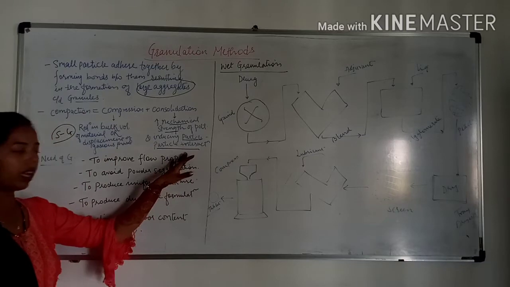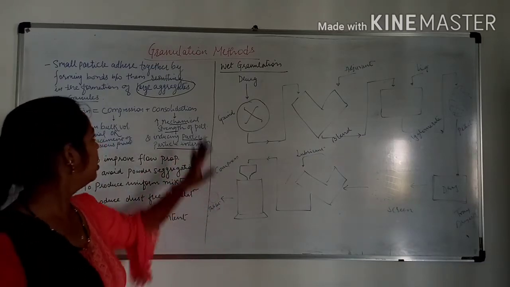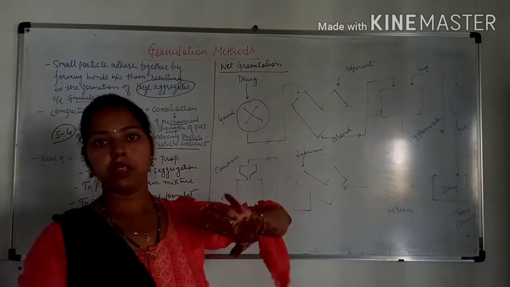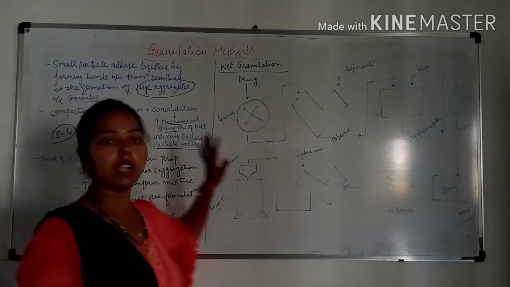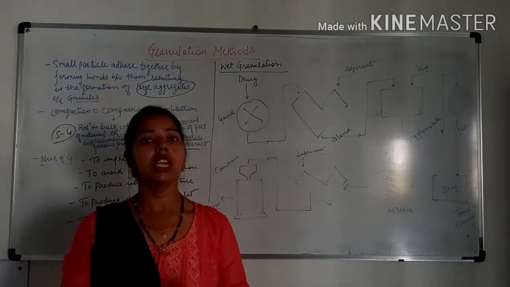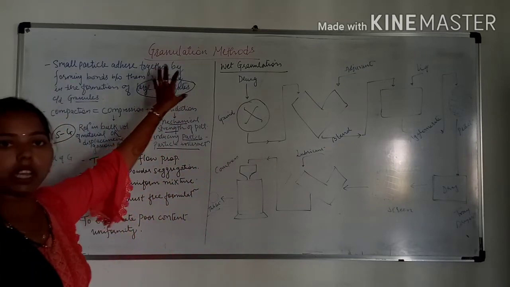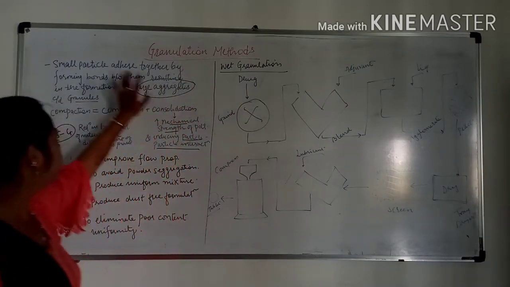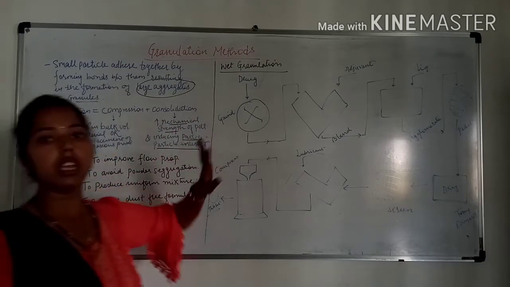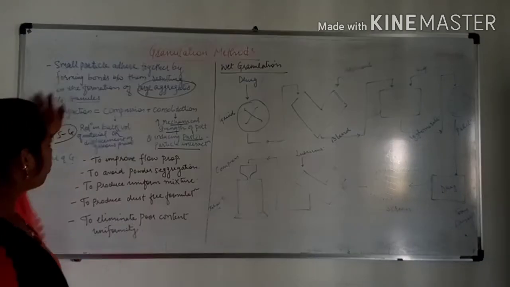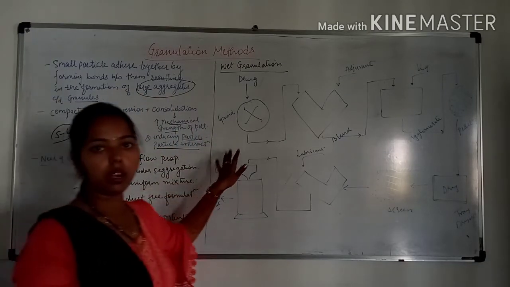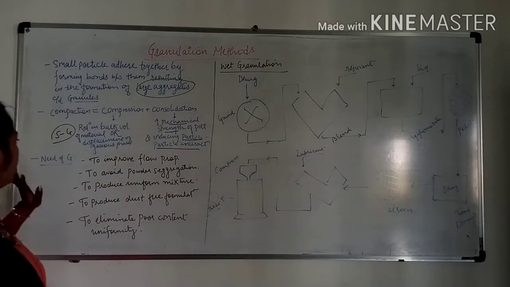Unless the particle-particle interaction occurs, the aggregate will not form. So we have to induce particle-particle interaction into the content. After that, they form aggregates, which are converted into granules. So this was all about the granule and how they work.